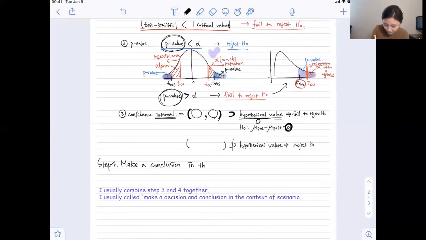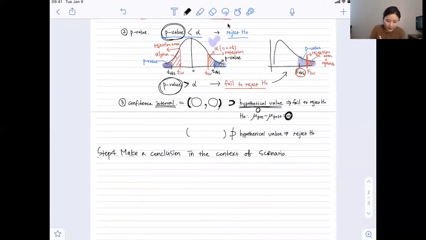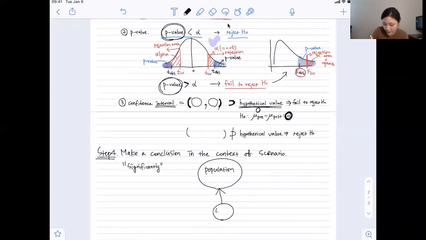In the context of the scenario. In step 4, we need to think about the word significantly. We need to be careful when we use it. The goal of statistics is to make an inference about the population from a sample.